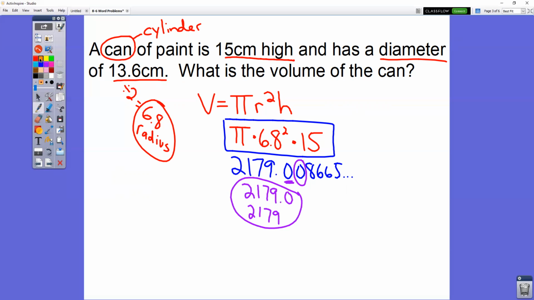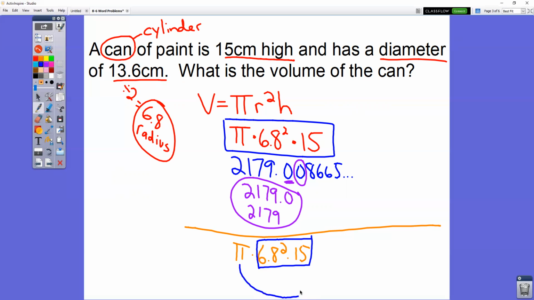If we are leaving our answer in terms of pi, remember you have to type in everything except for the pi symbol. So we still have pi times 6.8 squared times 15, but in the calculator, the only two things that you're going to type in are the 6.8 squared times 15. All that we're going to do with our pi symbol is stick it at the end.